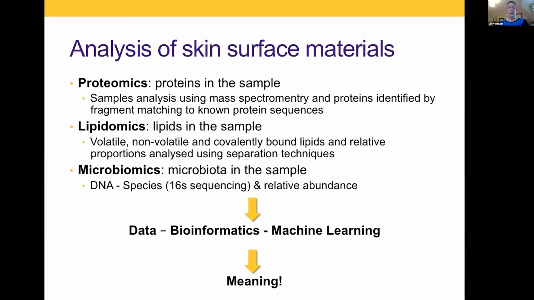And then when you've done all that, you get masses of data. So you need to have good bioinformatics to organize that data, and generate lists of the most important materials that you've identified in your samples. And now that's linked to machine learning, and machine learning basically looks for patterns in data.